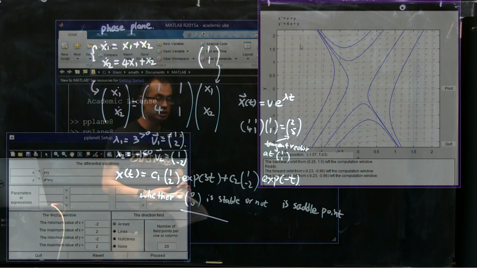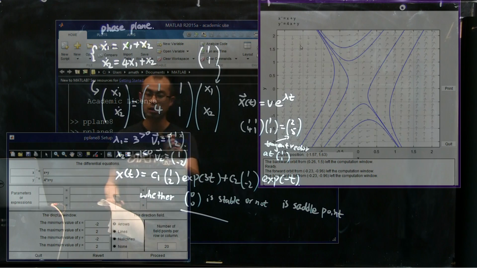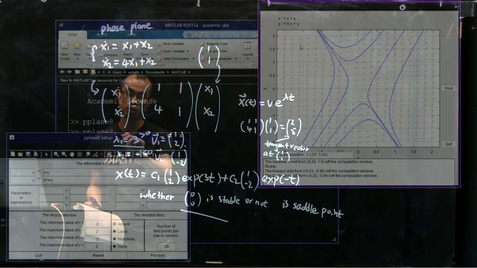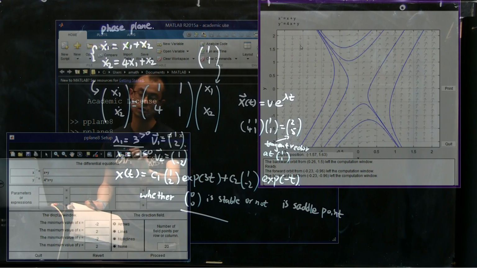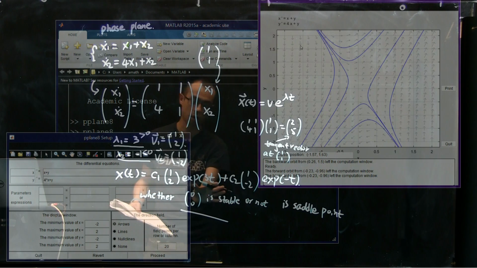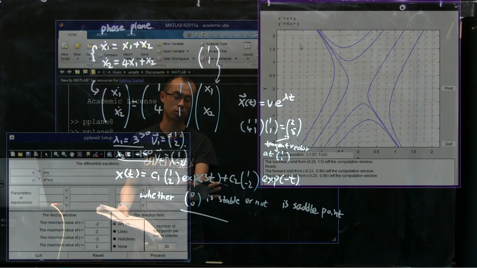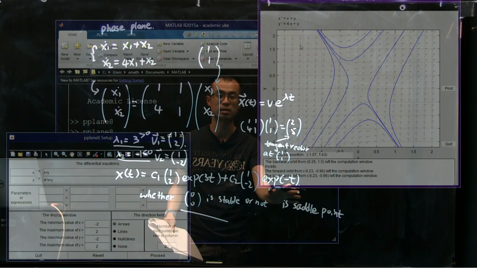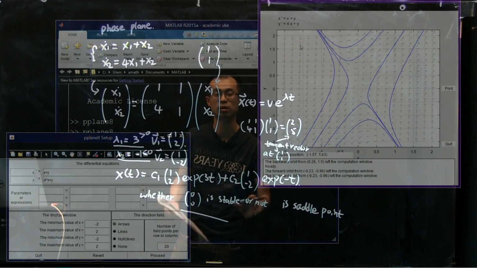And so the reason it is a saddle point is that the first eigenvalue is larger than 0, and the second eigenvalue is less than 0. Basically we have one term that grows exponentially, and another term that decays exponentially.